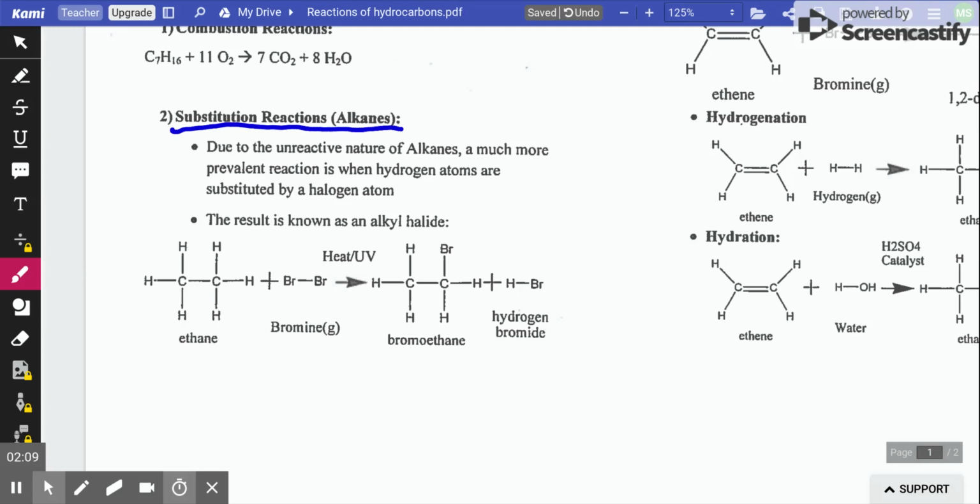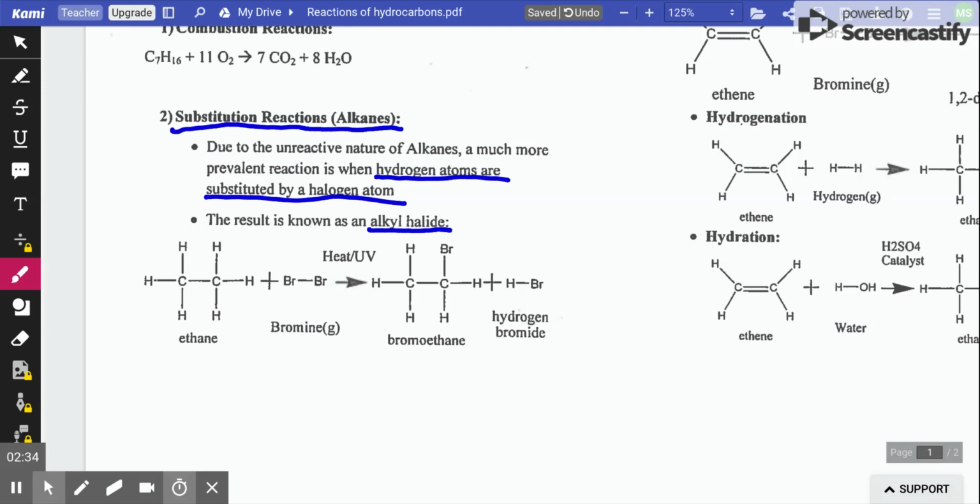Because the alkane is very unreactive, a more prevalent reaction is when a hydrogen atom is substituted by a halogen atom. And when we do that, we get something called an alkyl halide.